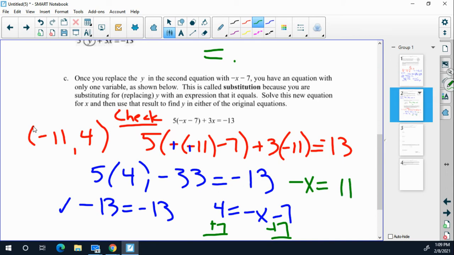And we have a negative variable, so what do we have to do? Divide by -1. So X is equal to -11. So it checks out twice. Double checked it. Triple checked it. Quadruple checked it.